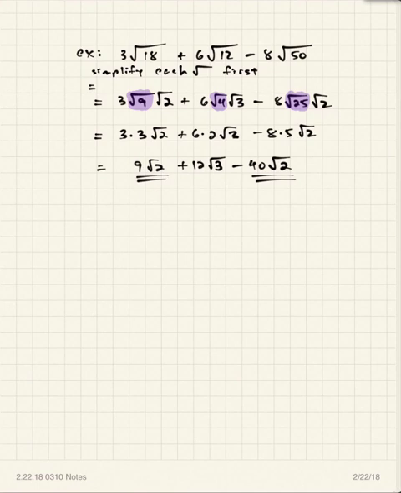The square root of 3 is not a like radical. And so all you can do there is combine the 2 like radicals. 9 minus 40 is negative 31. And then the 12 square root of 3 just comes down for the ride. Right? There's nothing else you can do with that. Don't try to force it at the end. Not like radicals, so you can't add them. Right? And so you're stuck with it in that form.